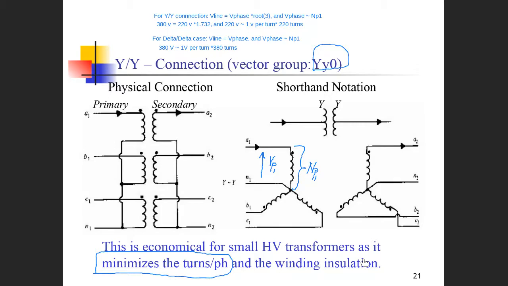So we need more turns. However, with very high voltage, the many turns make the transformer bigger. So if necessary, we would like to make the number of turns fewer, and meanwhile guarantee the transformer's quality. That's the meaning of it.